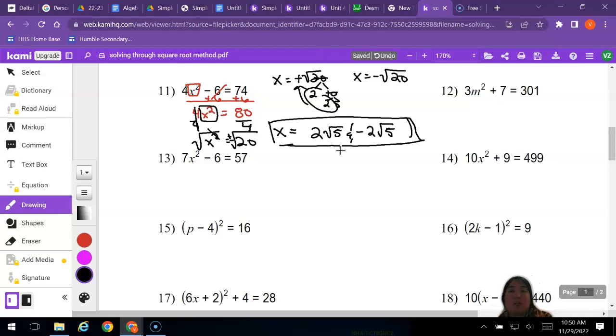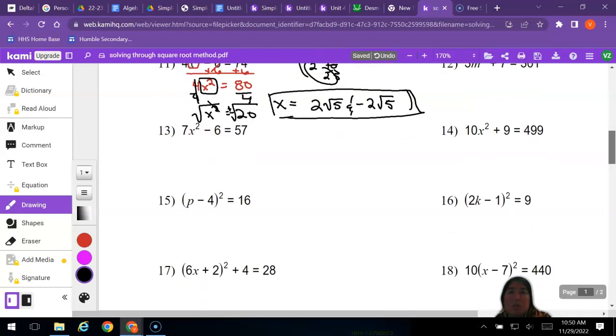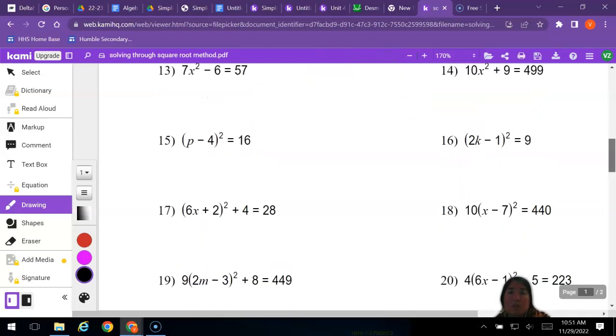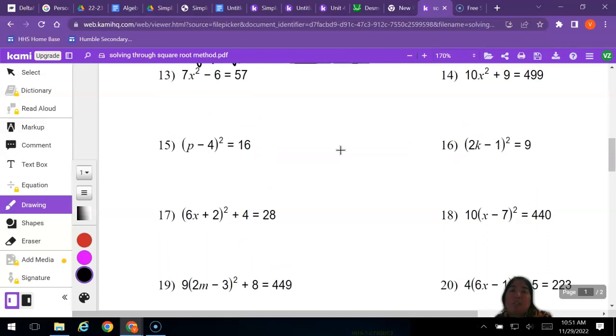Now, what I'm going to do is skip this one because I think we can do it. You can do it. I'm going to go over this guy right here. Now, let's say you have a square root here. It's not with p by itself. So because all of this is by itself, this is okay. That's all right.